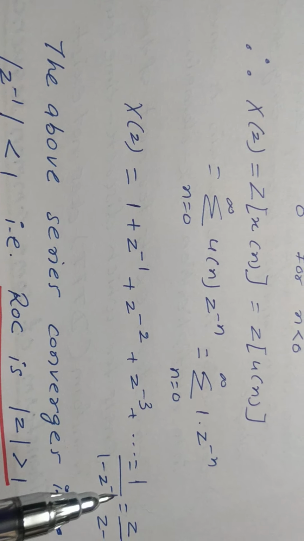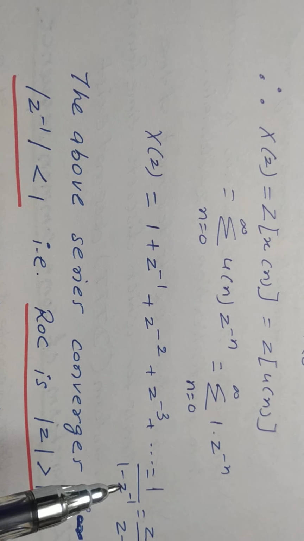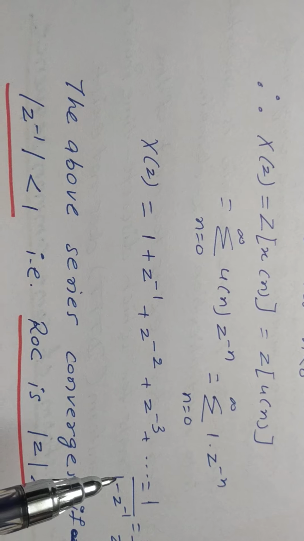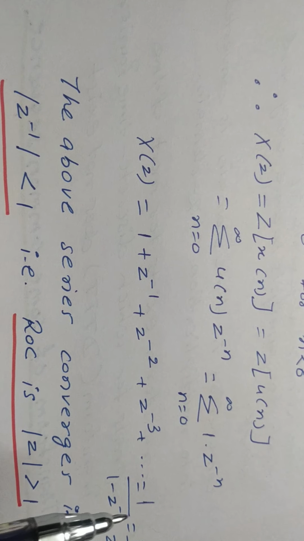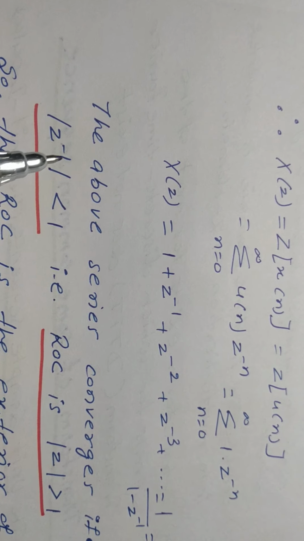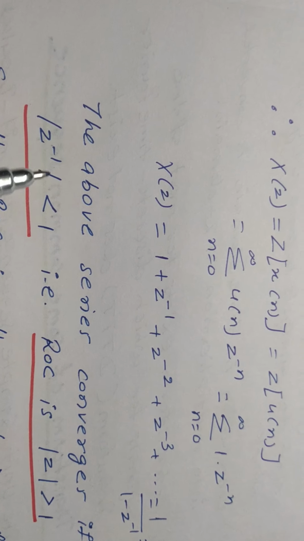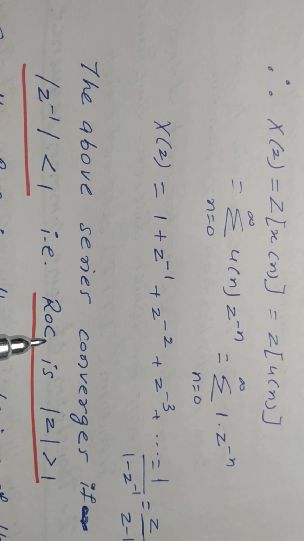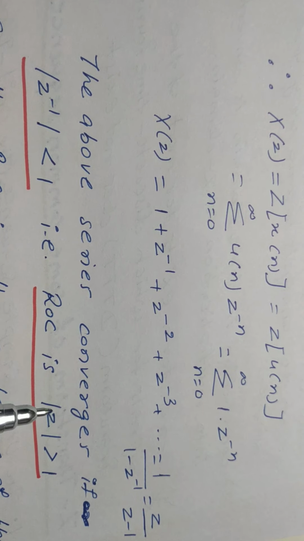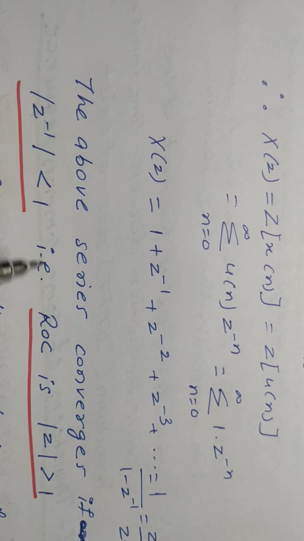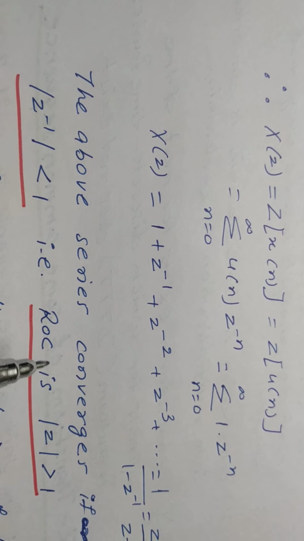It converges only if this value, that is z to the power minus 1, is lesser than 1. Then only this entire X of z converges. That is what we have written here: mod of z to the power minus 1 is less than 1. That is, ROC is defined as mod of z greater than 1.